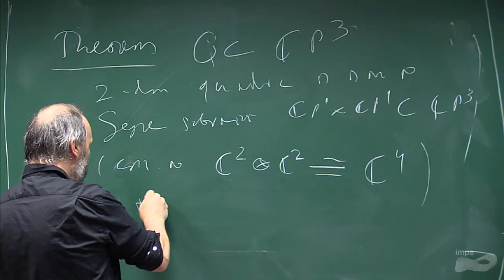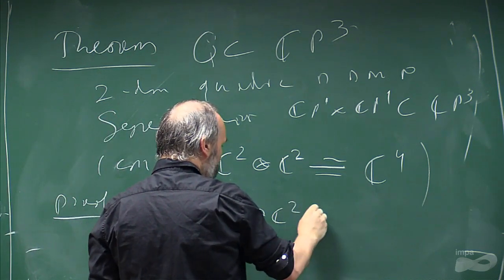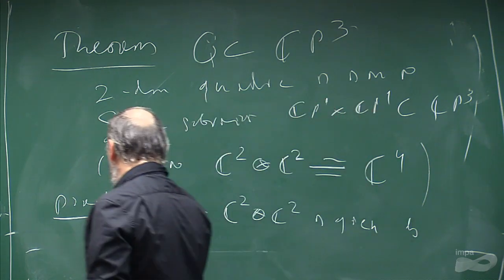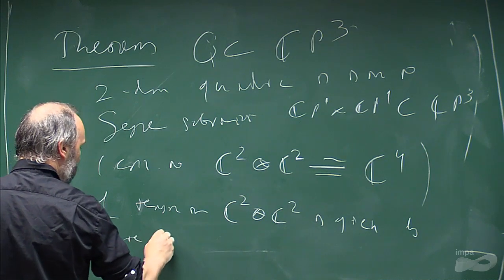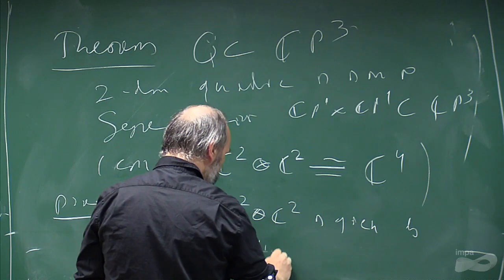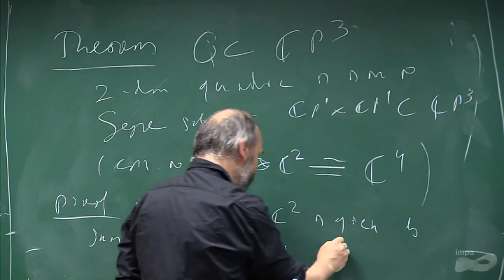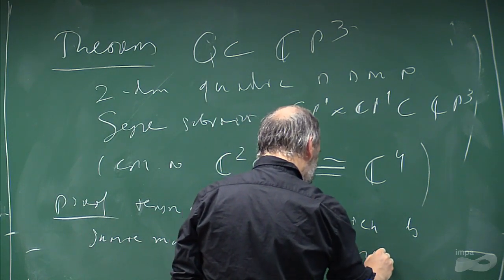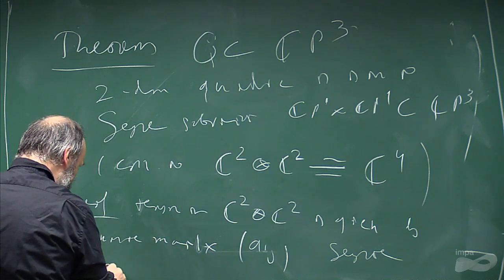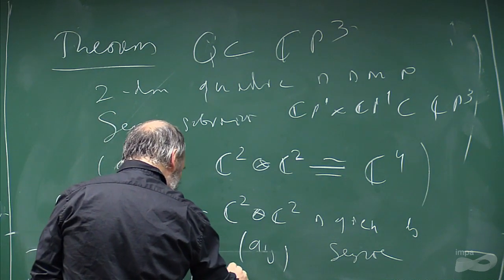So a tensor in C^2 times C^2 is given by a square matrix A_ij. And the Segre variety is the zeros of the determinant of A_ij. This determinant is A_00 A_11 minus A_10 A_01. Right?